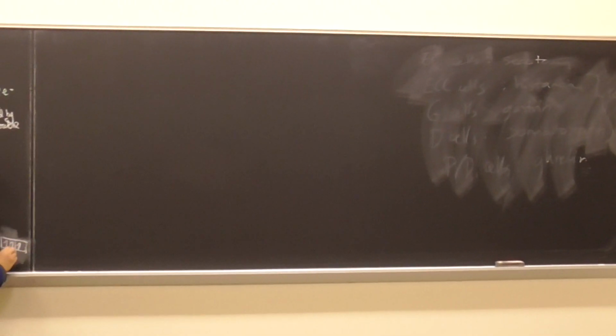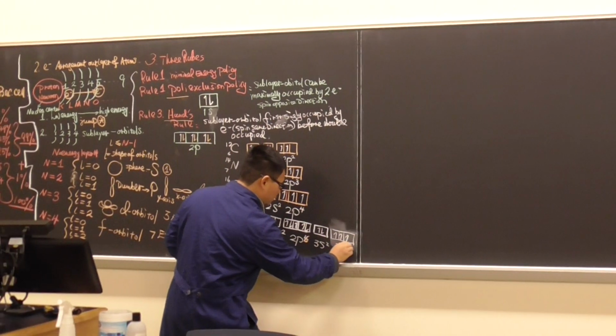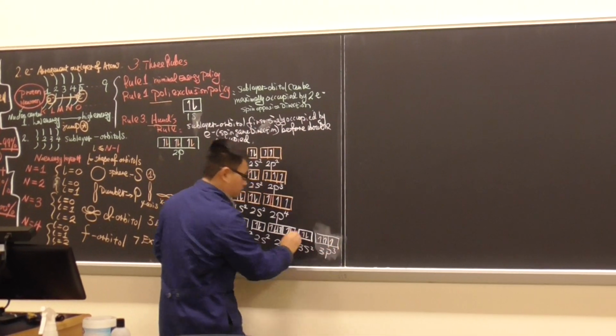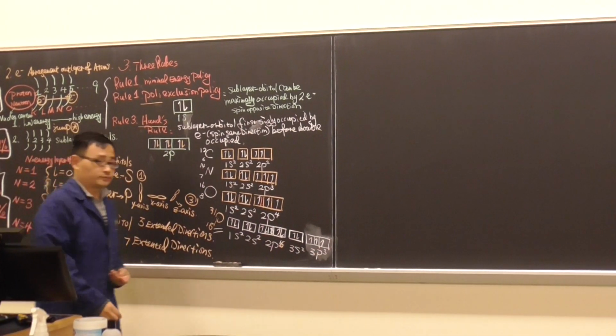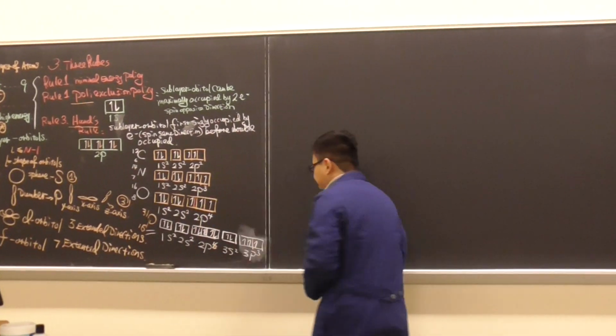Oh, sorry. Yeah, that's 2p6. Then that's wrong. Sorry about this. I messed this up. So that's 10. And go here will be up. So 3p3. Is that right? Okay. Yeah, thank you for fixing it.